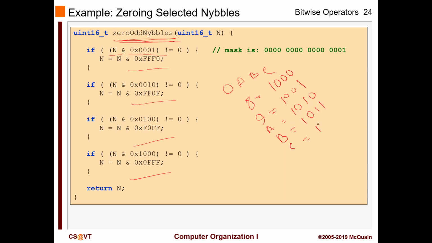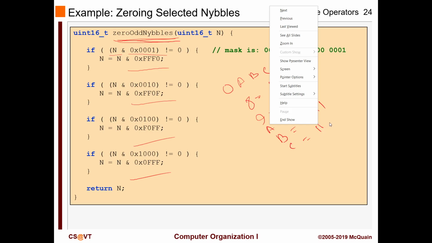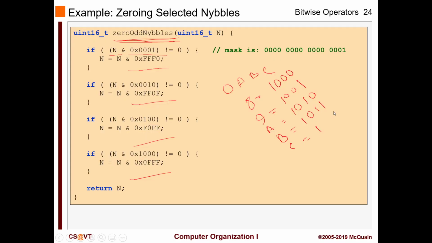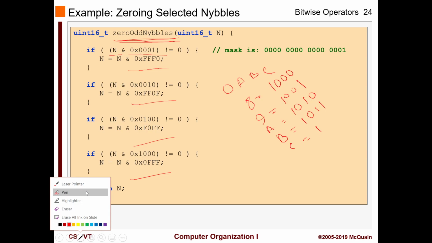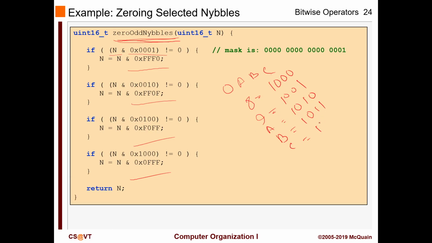C is 1100. So yeah, we have this number, and if we do this, the first one is C, and this one is supposed to be ANDed with 1.